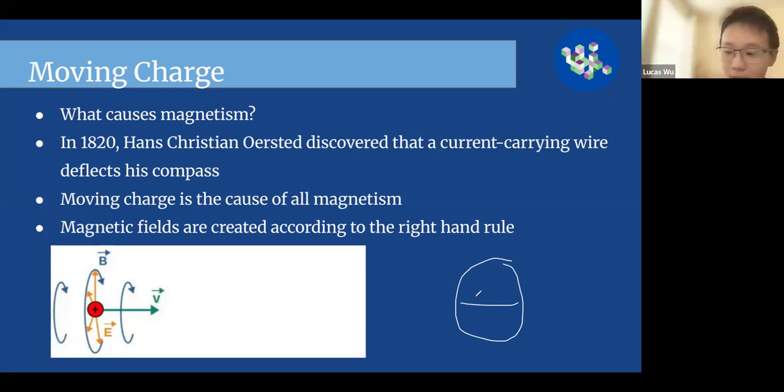What causes something to become magnetized is a certain arrangement of electrons and their own spins. That's a bit quantum mechanical, so it's really hard to explain with classical theory.